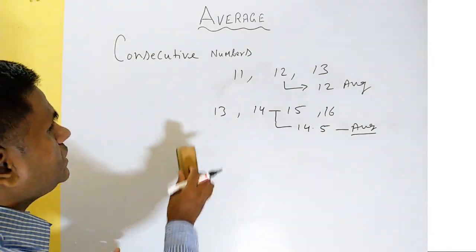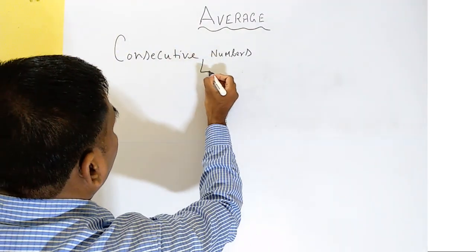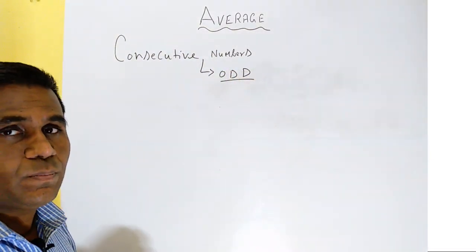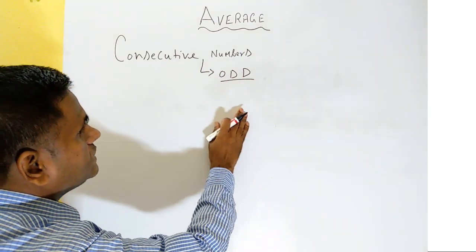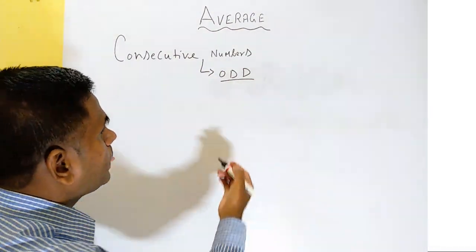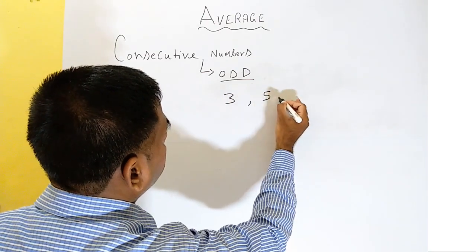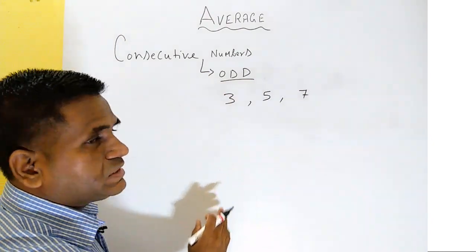Now let us see the average of consecutive odd numbers. Okay friends, so we'll take an example of odd numbers. Here 3 is an odd number, then we have 5, then we have 7. I will write two examples.